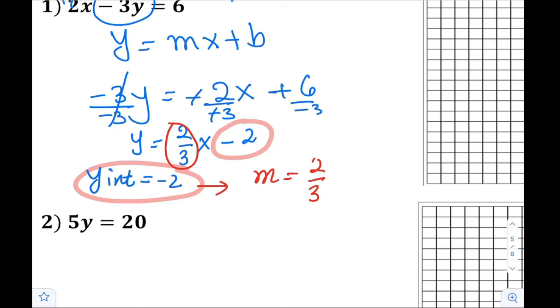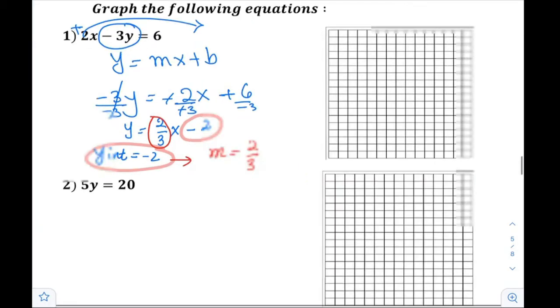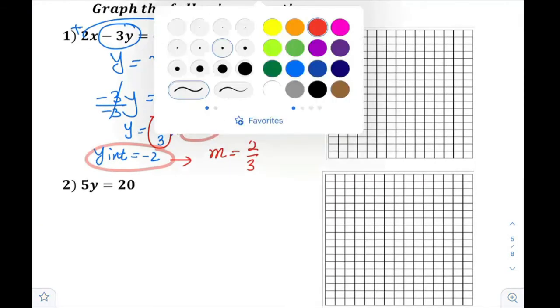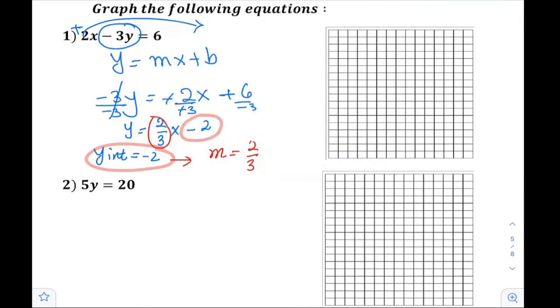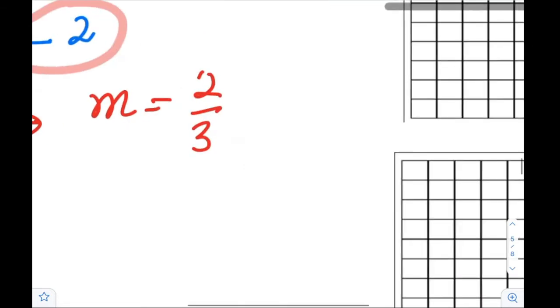And then I can start graphing. As we have expected, we can start with the y-intercept. This is my y-axis, and this is my x-axis. Our y-intercept is minus 2, so the starting point is minus 2. Since the slope is 2 over 3, this is my rise and this is my run.